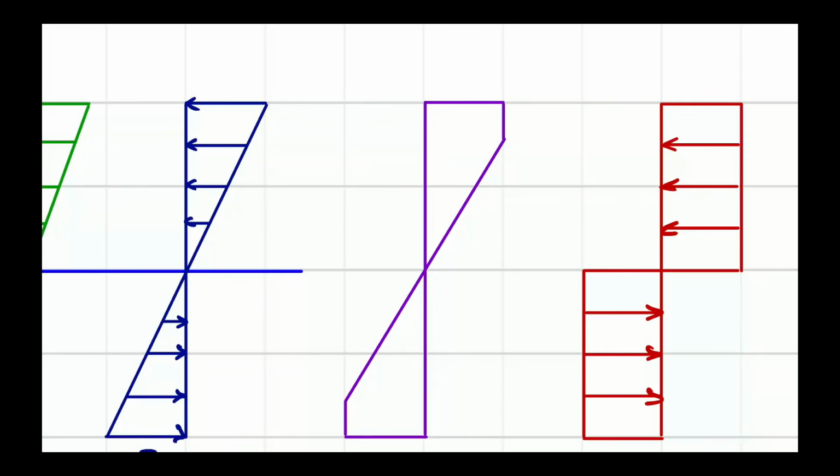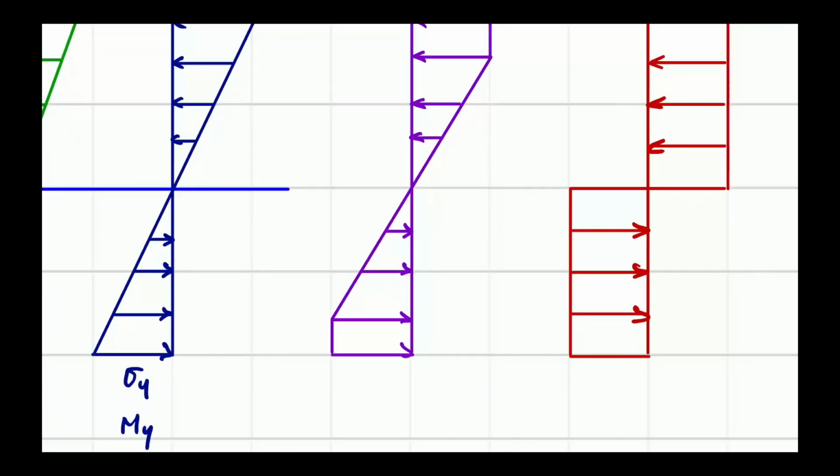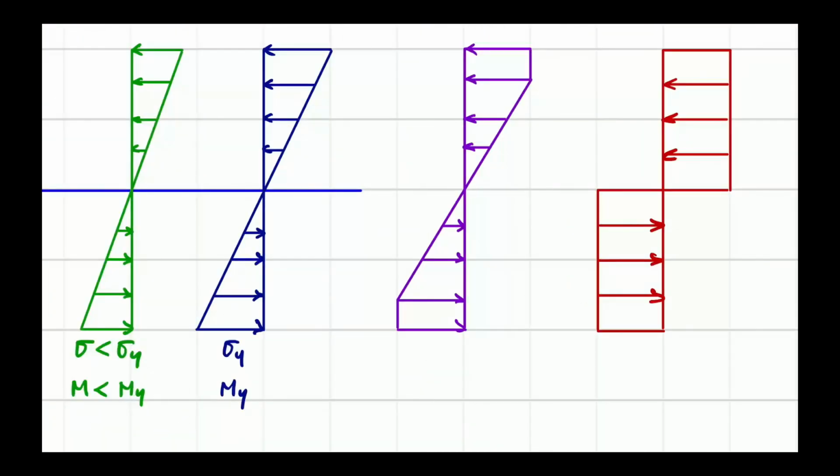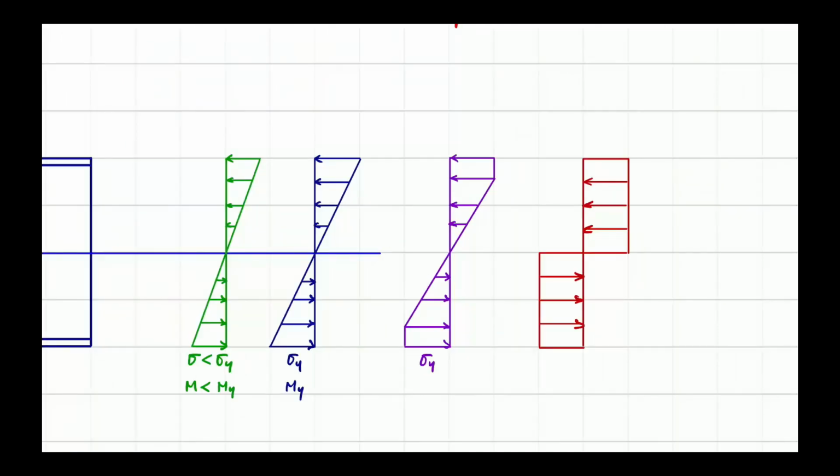As it spreads in, this, and this. So the stress could not be greater than sigma y. If we look at the strain diagram, plane section always remains plane.